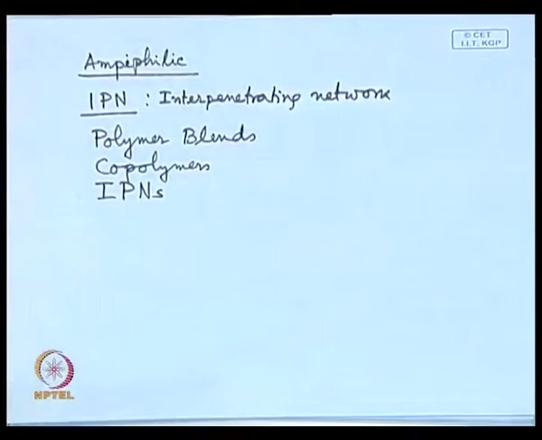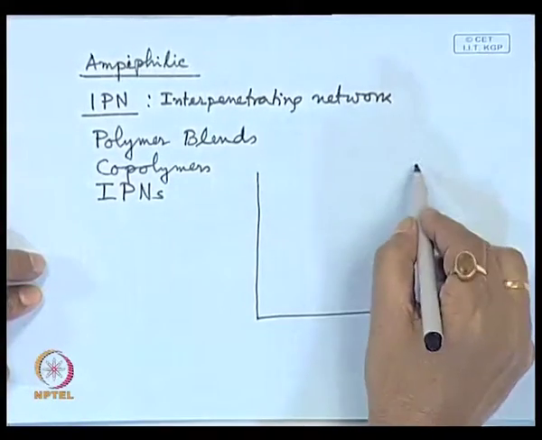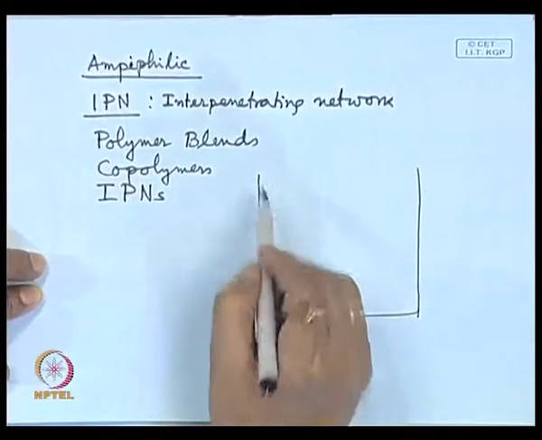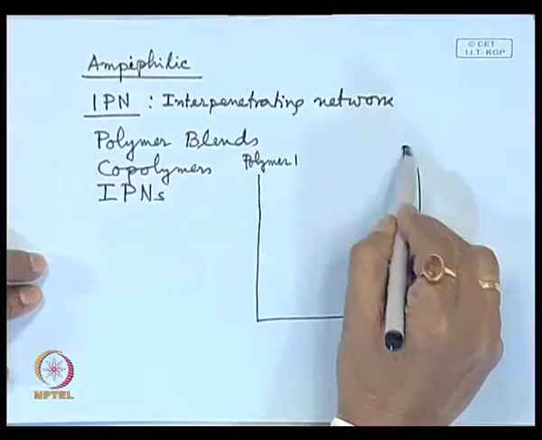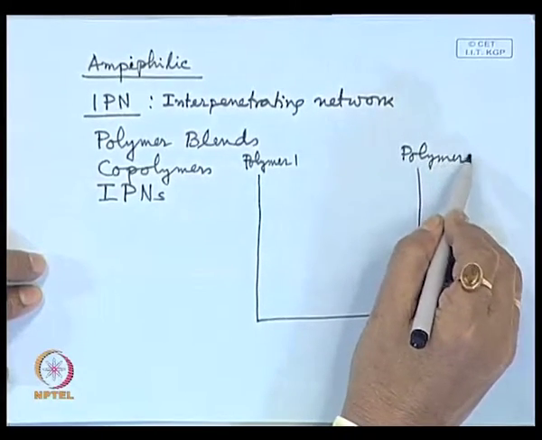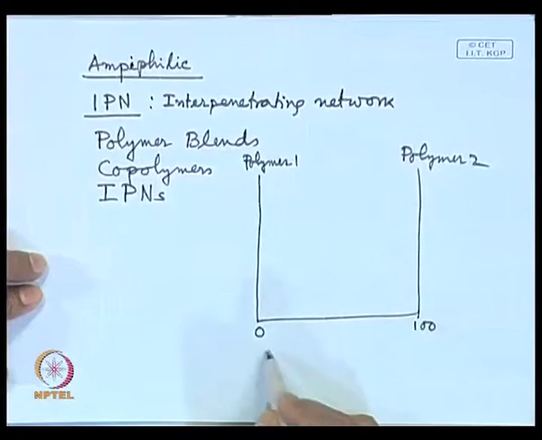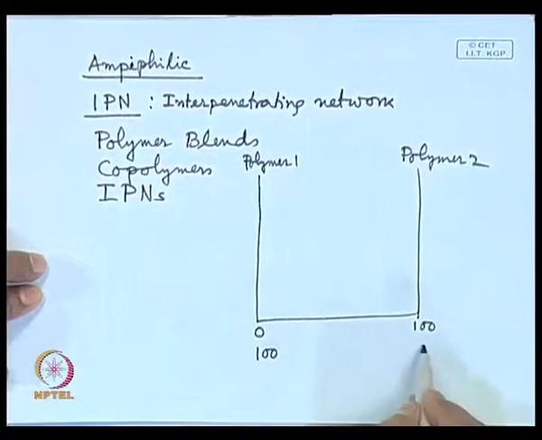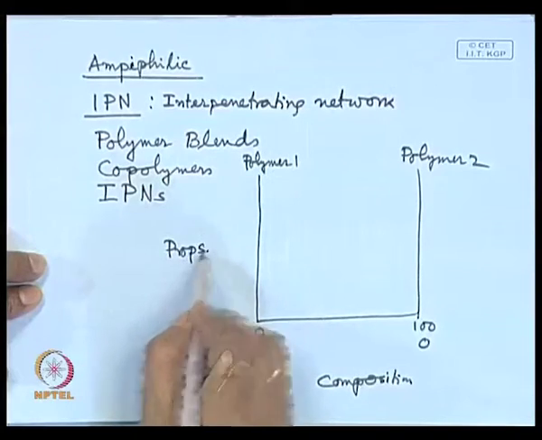Suppose this is the axis for polymer 1, this is the axis for polymer 2. Here it is 0, here it is 100, here it is polymer 100, here it is 0. So, this is the composition axis and these are properties.